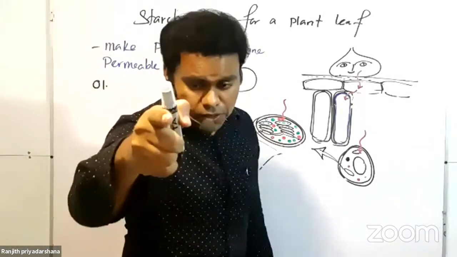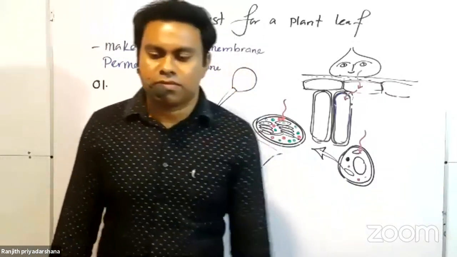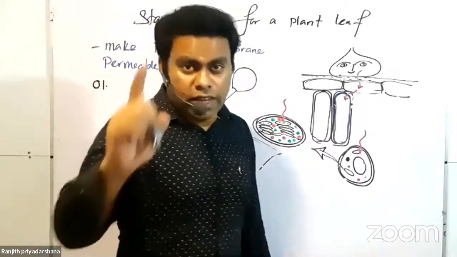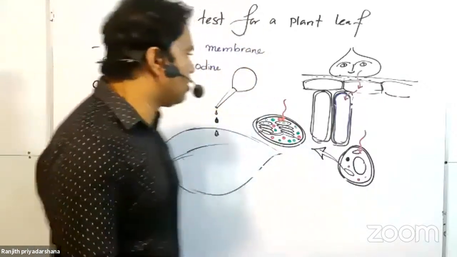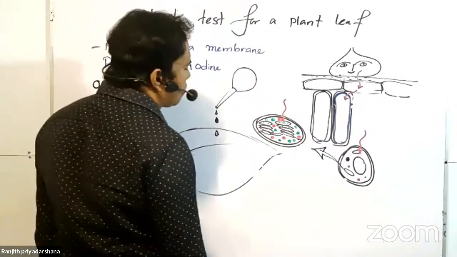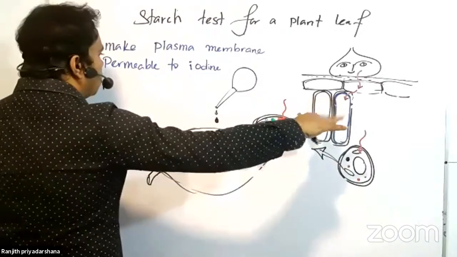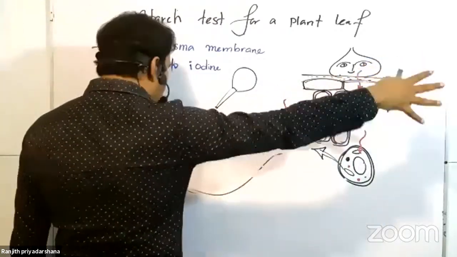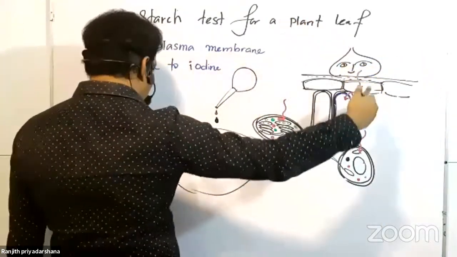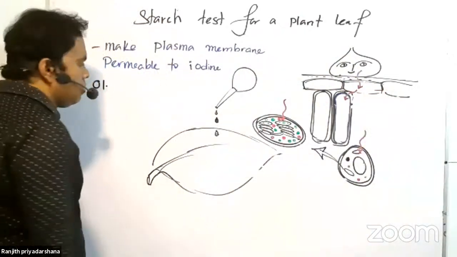Permeability occurs only when the cell or the tissues are dead.